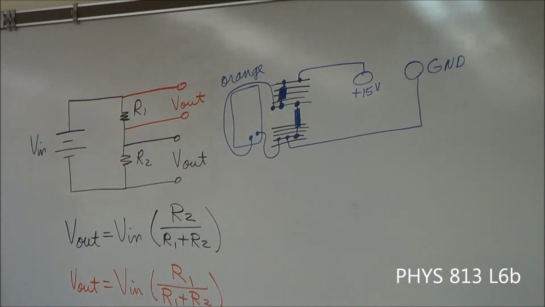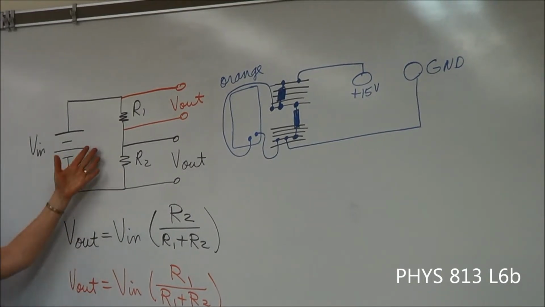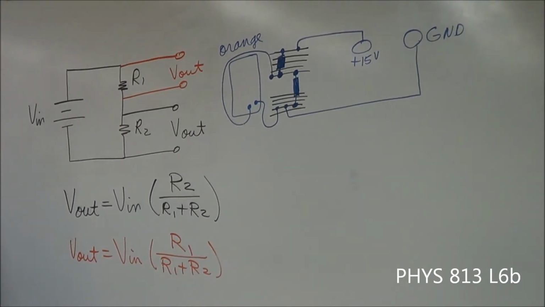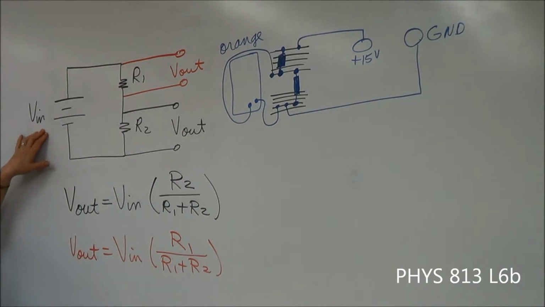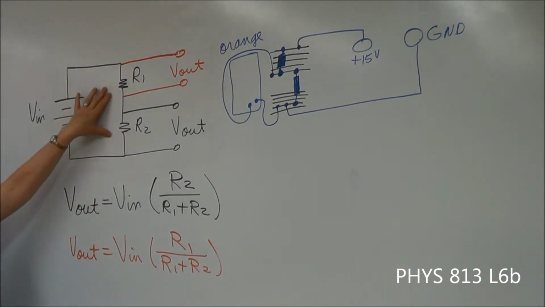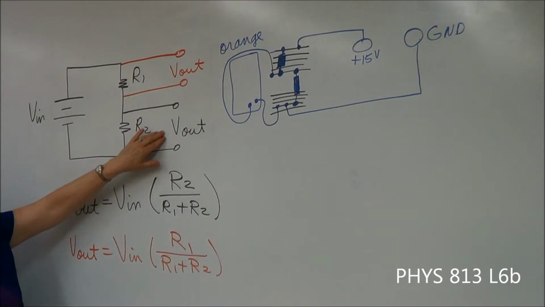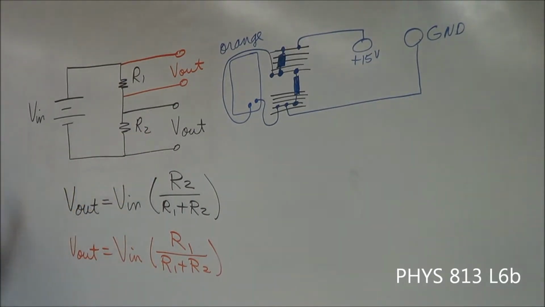Now, one of the reasons for having a voltage divider is if you have a particular voltage available, but that's not what you want, then if you can find resistors that have the proper ratio, you can actually get a voltage that's different than what your voltage in is.